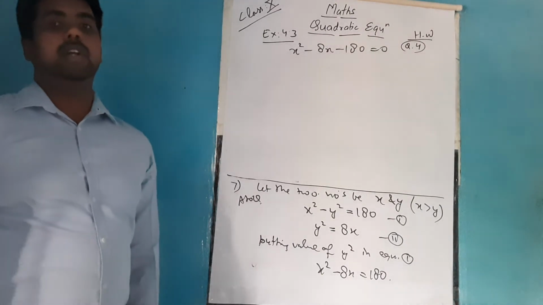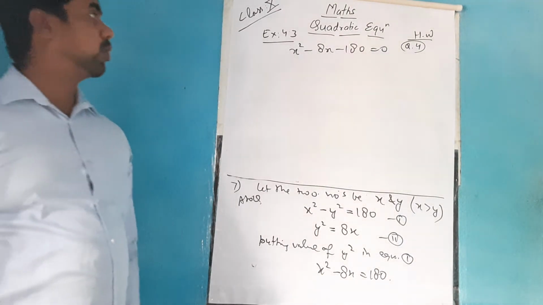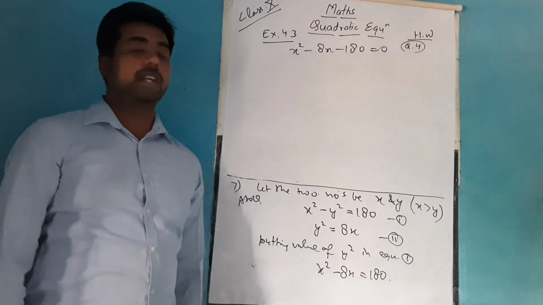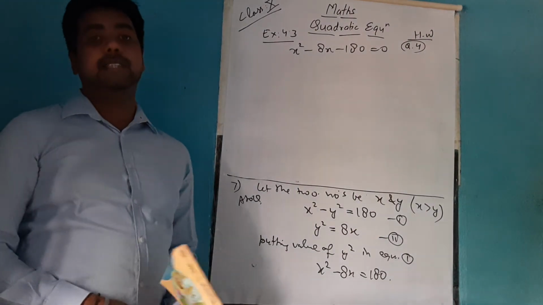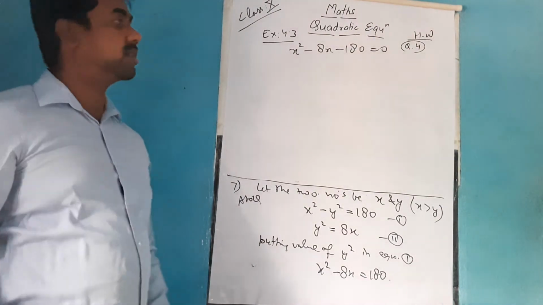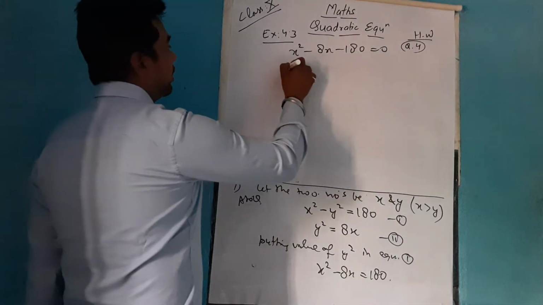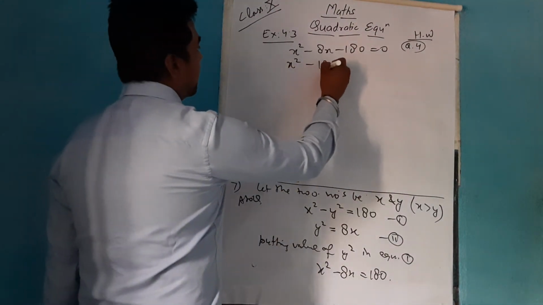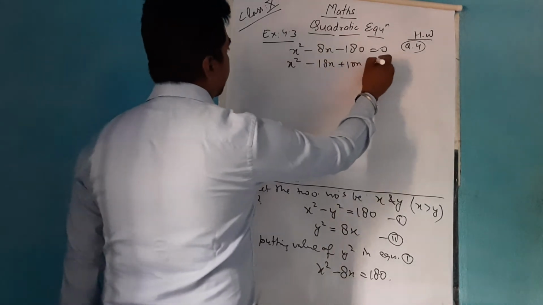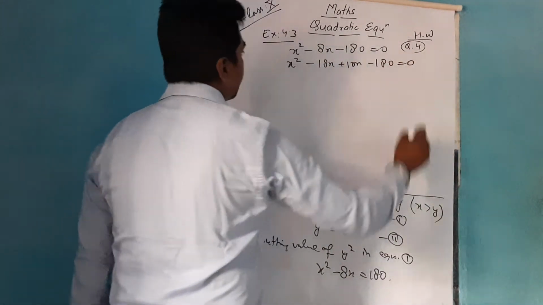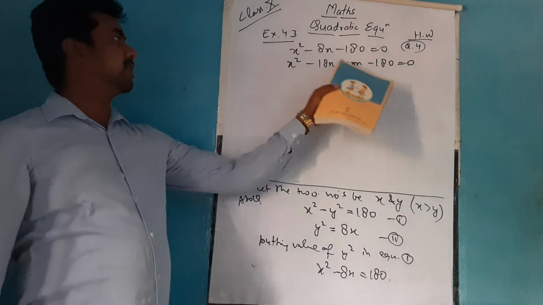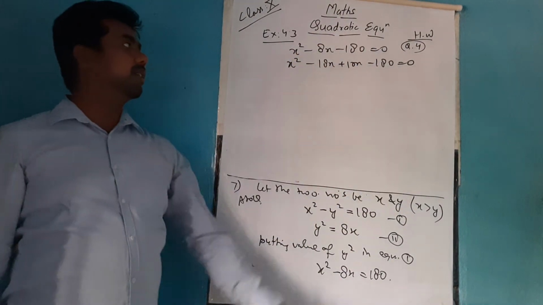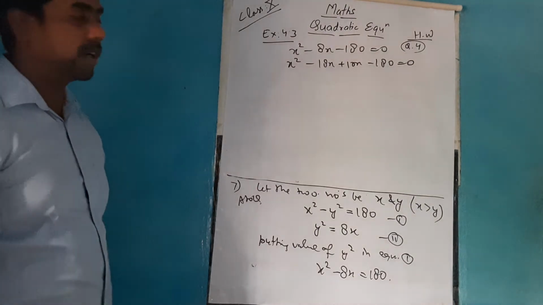Now you can solve for the value of x either by the quadratic formula or by prime factorization. It is quite easy to apply prime factorization, as 18 times 10 is 180 and 18 minus 10 is 8. So we can split it as x square minus 18x plus 10x minus 180 equals 0, as minus 18 plus 10 is minus 8 and minus 18 into plus 10 is minus 180.